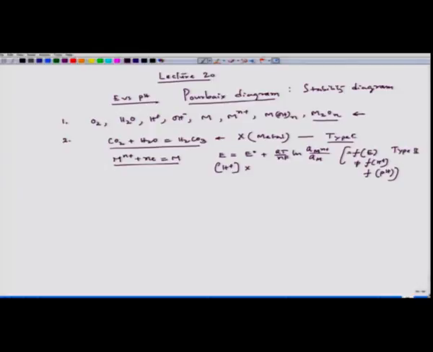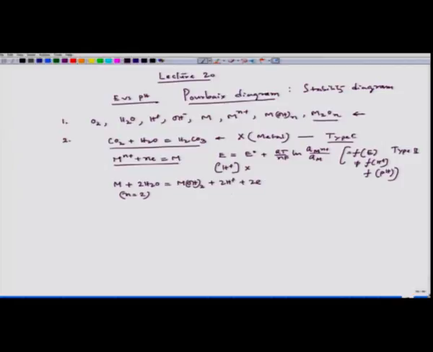We can have another reaction. For example, let us say M can react with 2H2O. It can go to M(OH)2 plus 2H plus 2e, and at that time n is 2. This is another reaction that can happen in water when a metal is exposed to moisture or an aqueous medium.